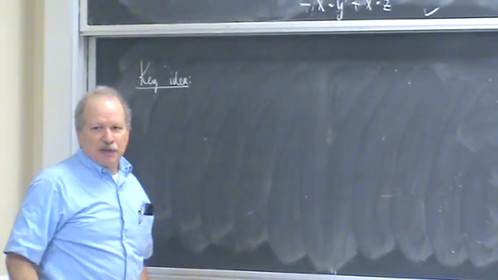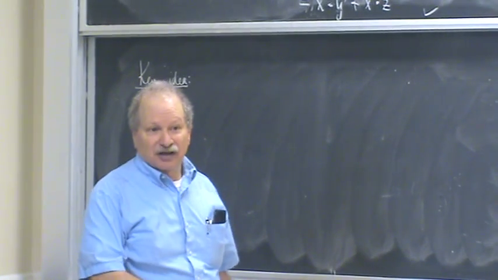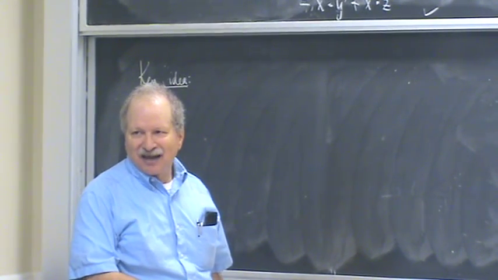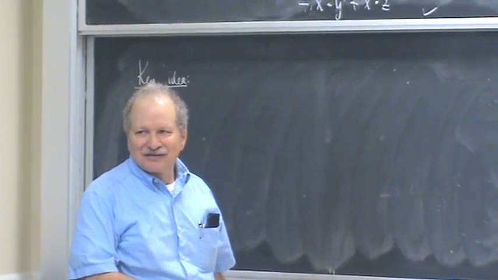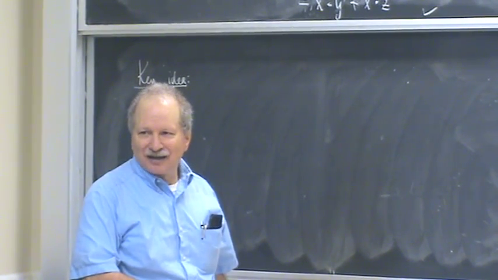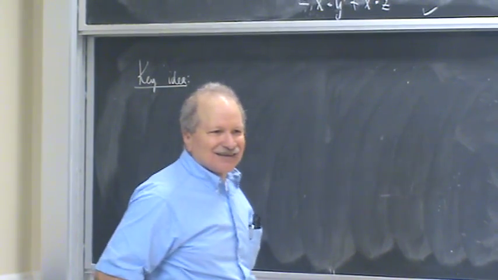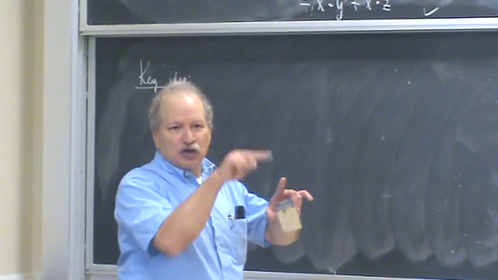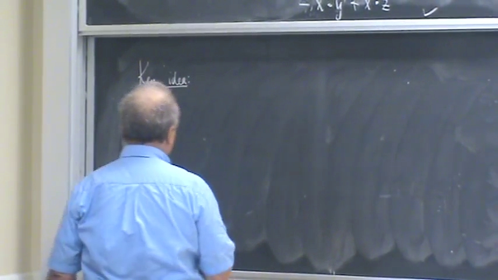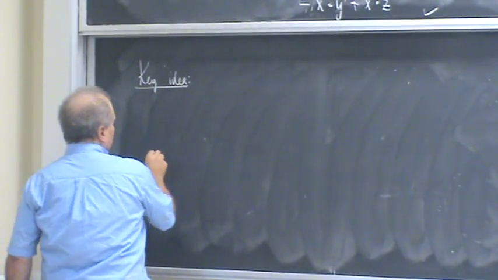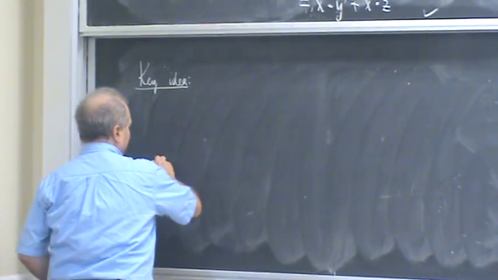We understand angles better if we have right triangles. Because then we have SOHCAHTOA. If you have a right triangle, you know how to get trig functions of angles in the right triangle. There's ratios of sides. So here's my picture I want to do.